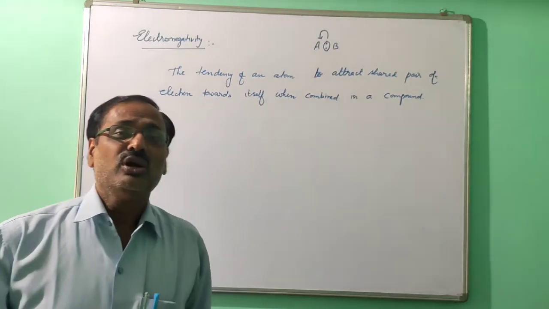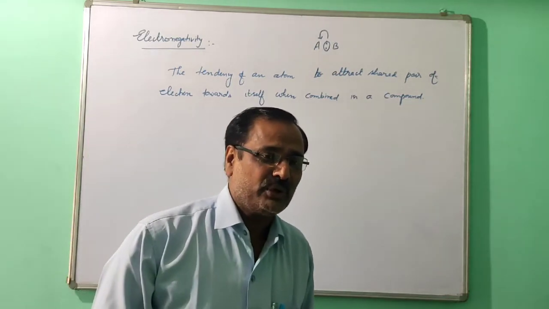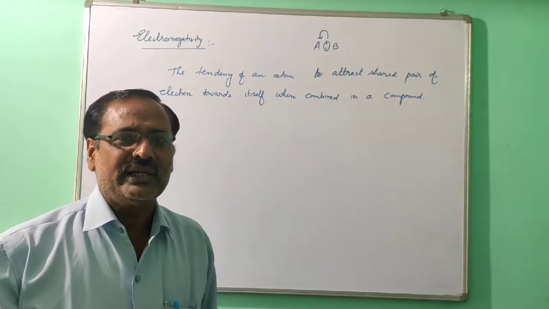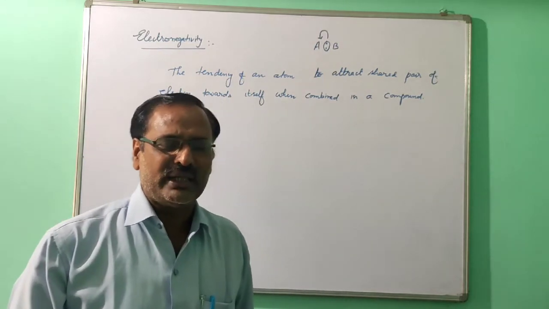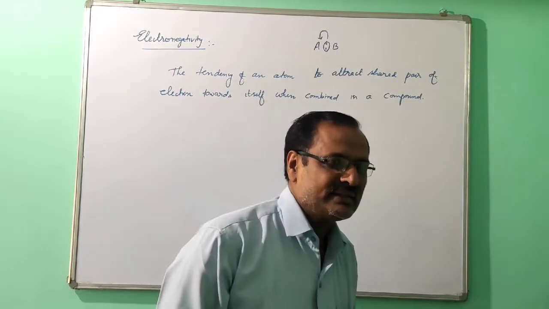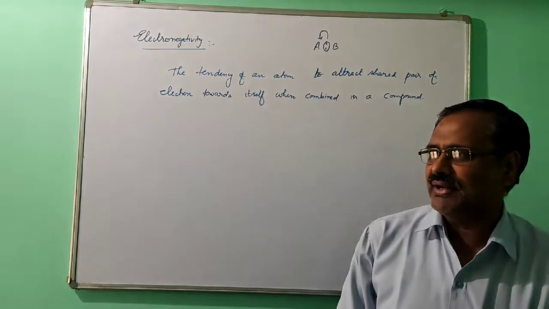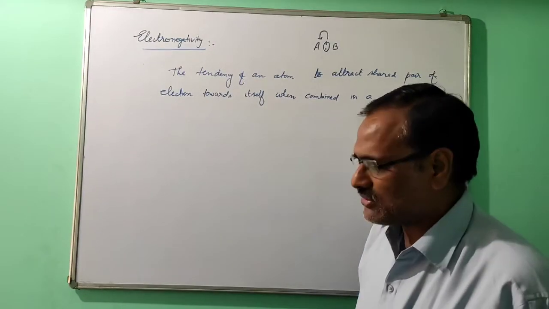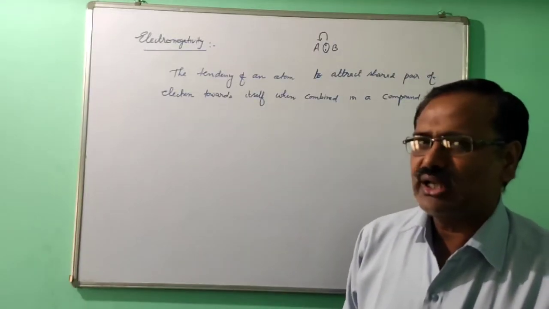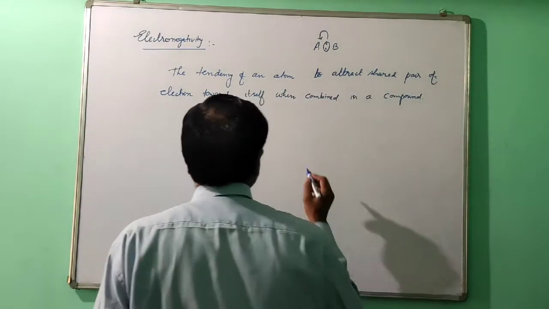If I ask the unit of ionization potential, you will say the unit of energy. And the unit of electron affinity, energy only. But electronegativity has no unit.